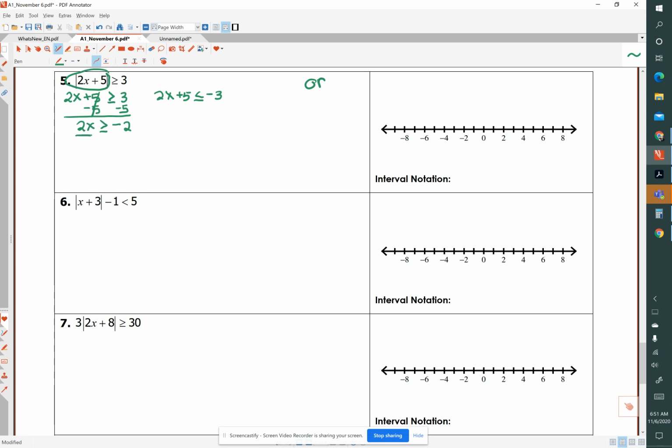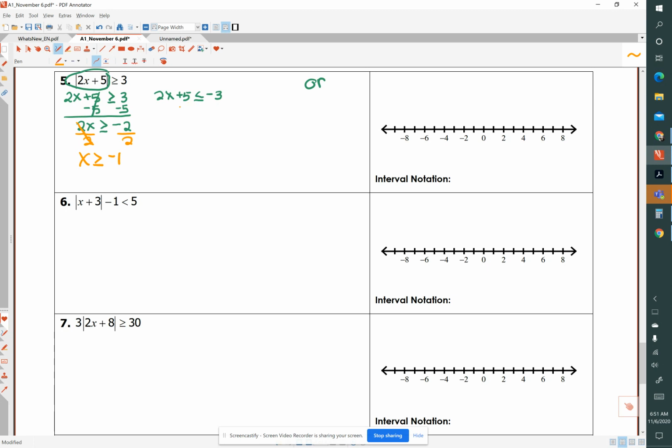And then we'll divide by 2, and x is greater than or equal to -1, because a negative divided by a positive is a negative.